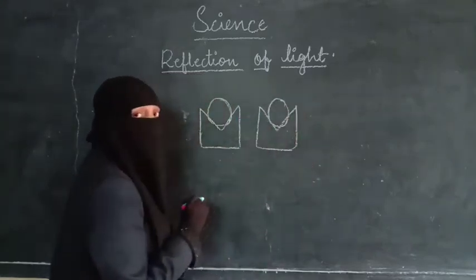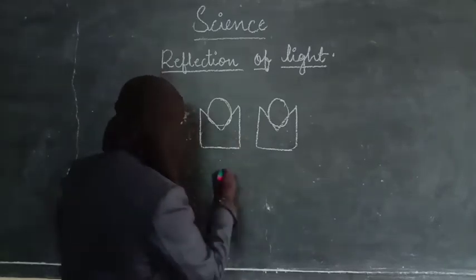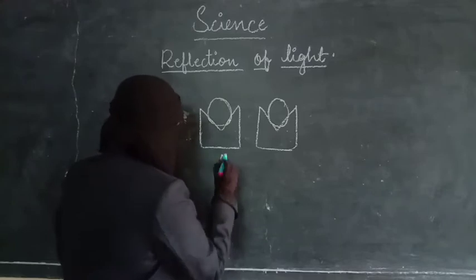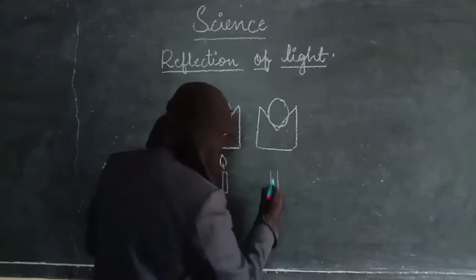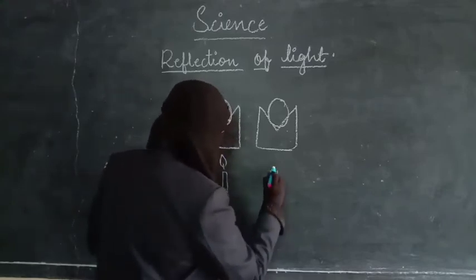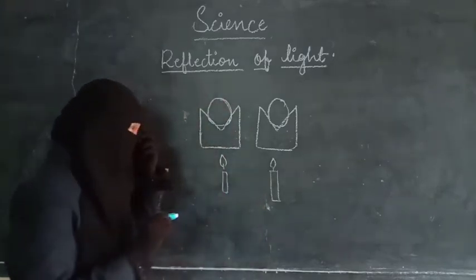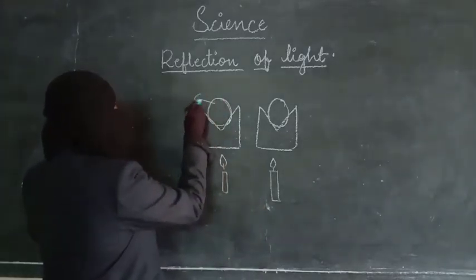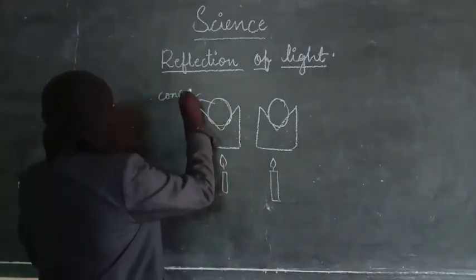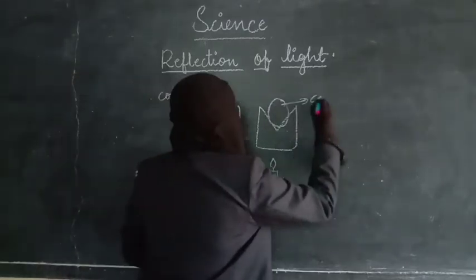And we have to see the image, right? So you have to put one object. Here we can put the object, that is a candle. What you have to observe here is the image. So now you will observe the image. This is the concave mirror, right? This is the concave mirror. This is the convex mirror.